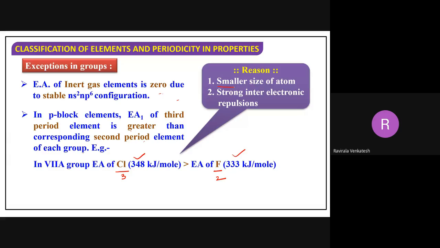Smaller the size of the atom, fluorine, strong inter-electron repulsions. In fluorine, because of small size, repulsions are more. Therefore, fluorine has less electron affinity, that is 333.